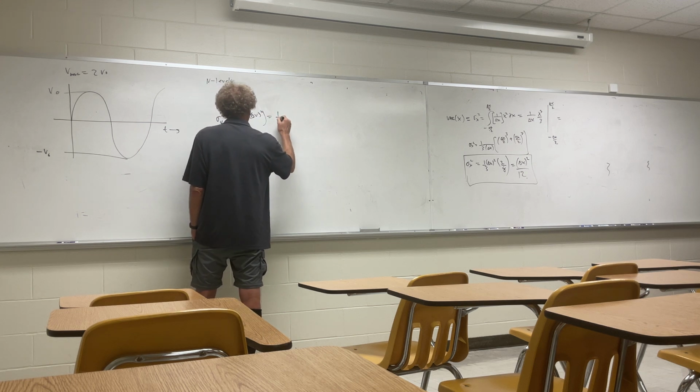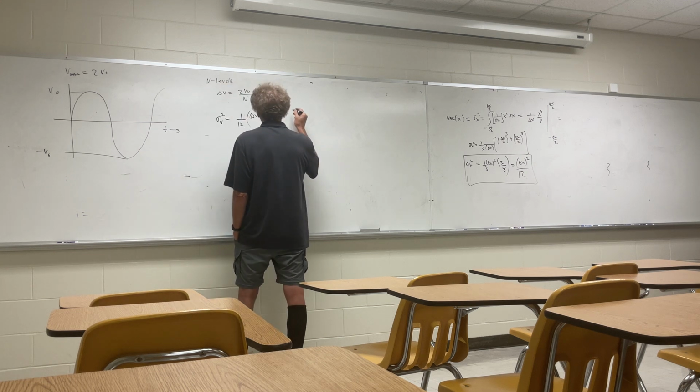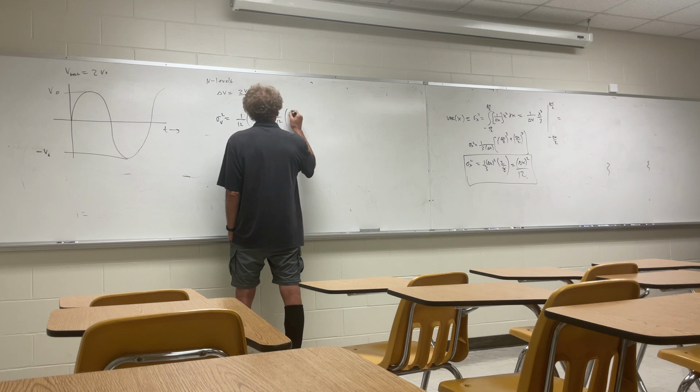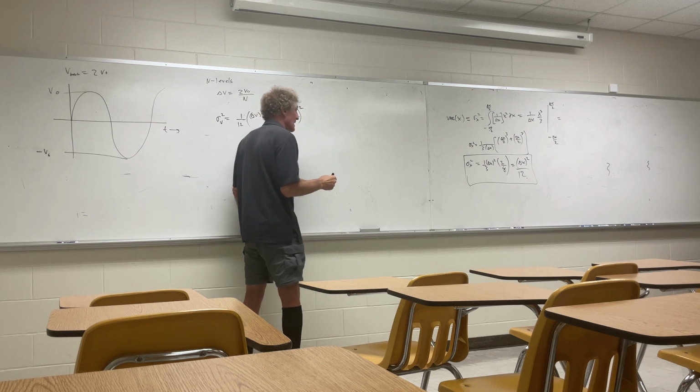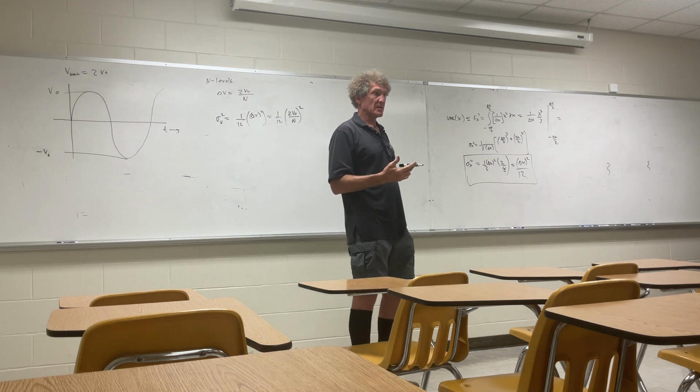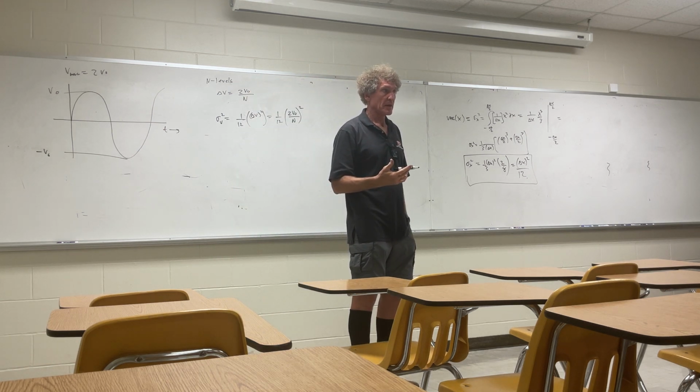And here it's going to be 2V0 over n, squared. And that would be the mean squared error. Does everybody agree with that? It should be obvious, but I'm making sure.